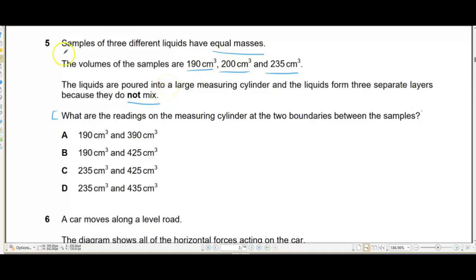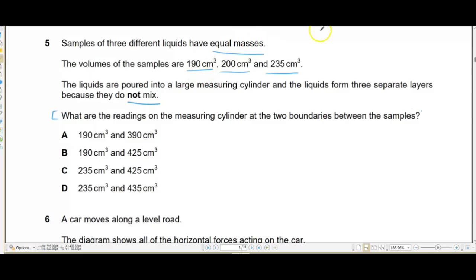When liquids are added to a cylinder and do not mix, they form layers based on their densities. The less dense liquid is going to be on the top and the most dense at the bottom. And we have been told that the liquids have equal masses. So whatever is happening is due to these volumes.